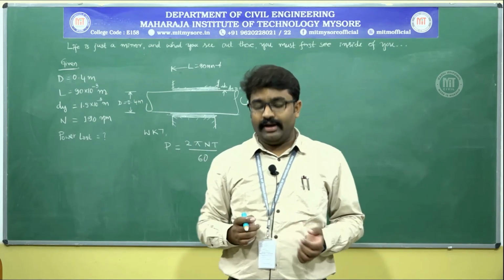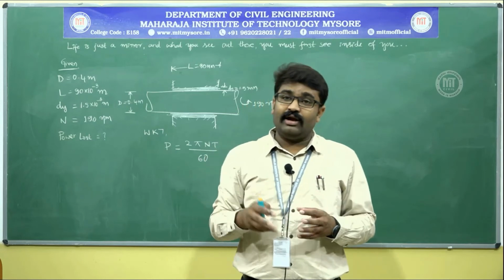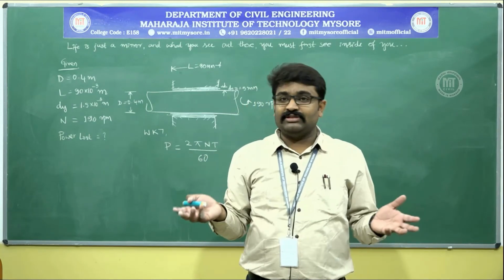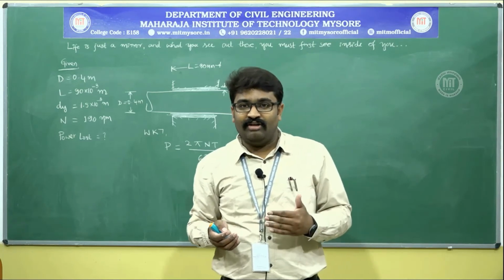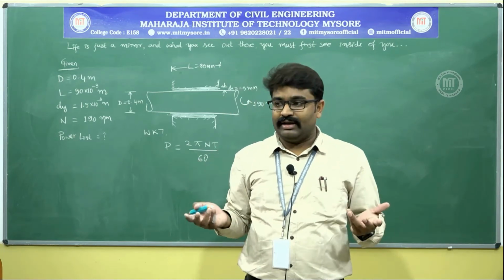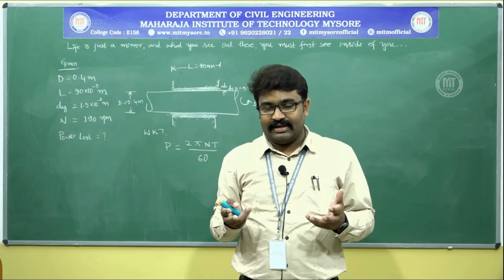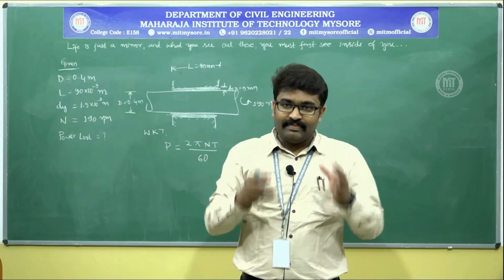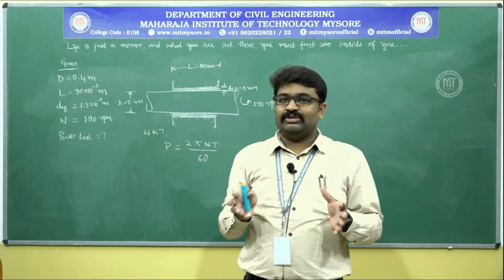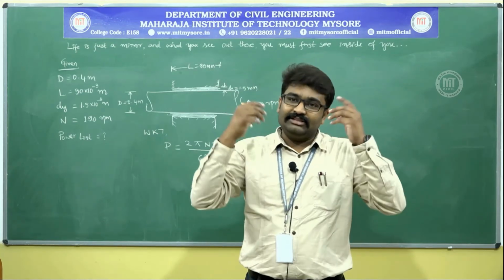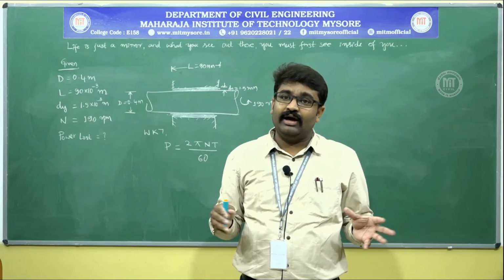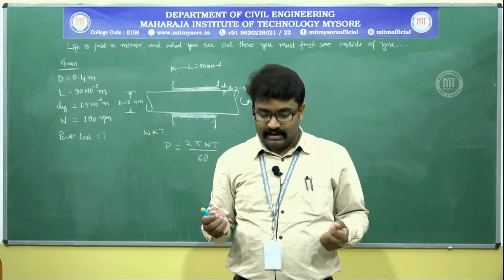Why will it not change with any dimension of the circle? Because pi is the ratio of circumference to diameter. Whatever may be the circumference and whatever may be the diameter, for a given circle, the ratio of circumference and diameter gives you the value of pi, and hence the value of pi doesn't change for any given circle.